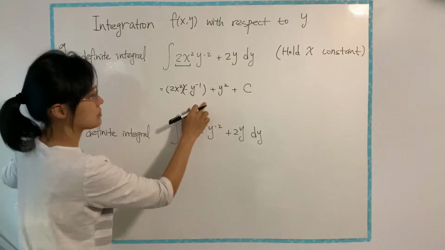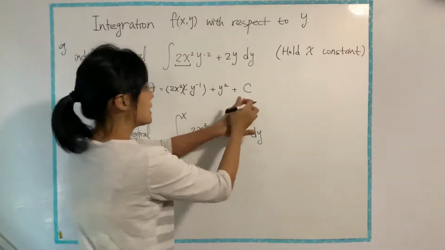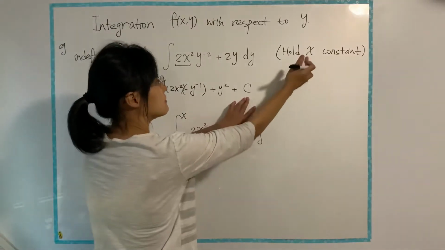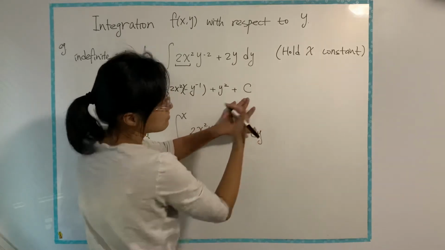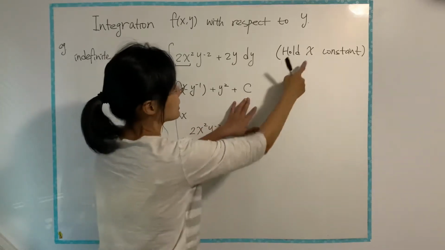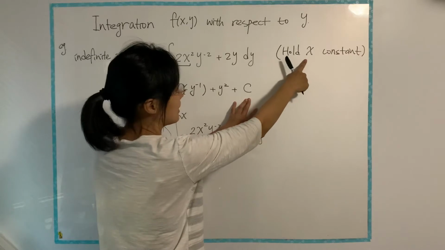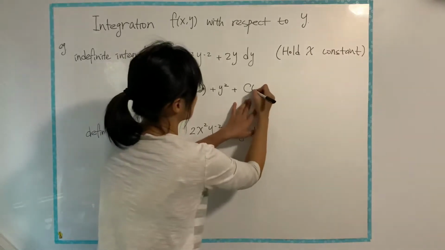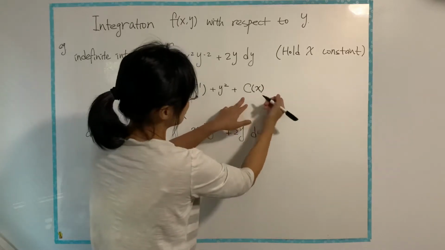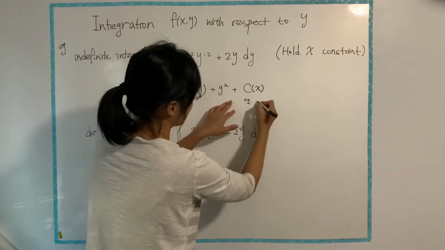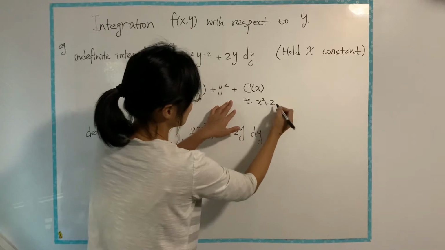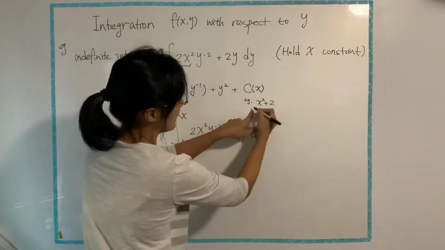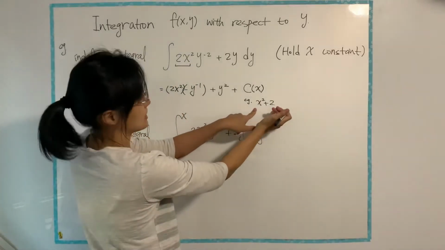However, here you want to pay attention that because anything that involves a real constant or something only involving x, in the eyes of y, it's also a constant. So if I have c of x, for example, if I have, let's say, like x squared plus 2, this whole thing in the eyes of y, it's gonna just be a constant.